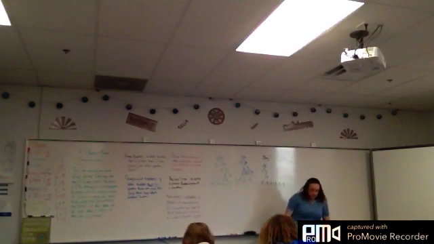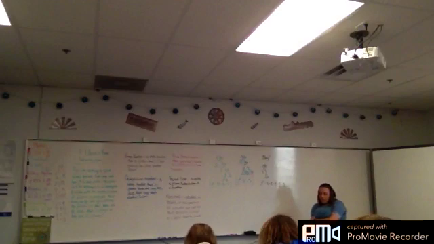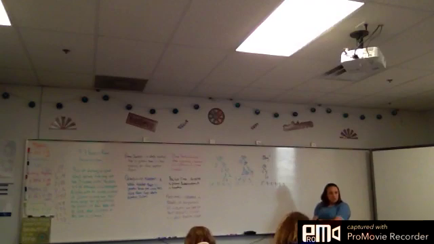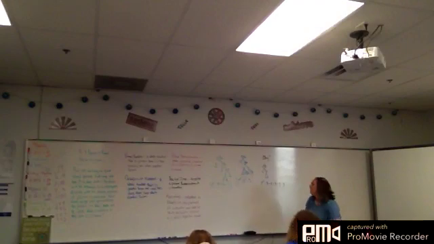So the factorization of this is 2 squared times 7 times x times y times y times y. Because they want you to know that there's 3 there. So the numbers you can square and cube, the letters you cannot.